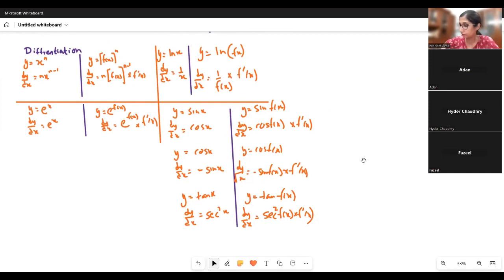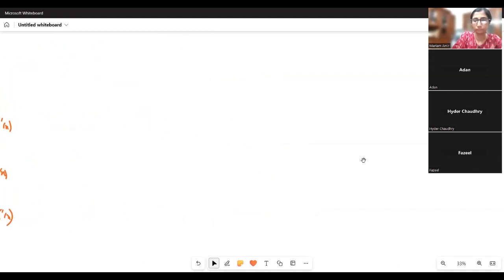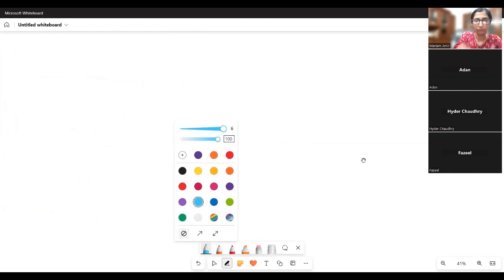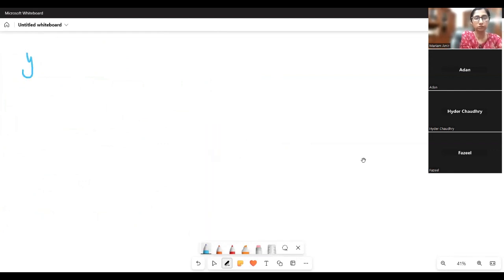All right, now let's take a look at some example questions. So we have y equals sine 2x that we need to differentiate.